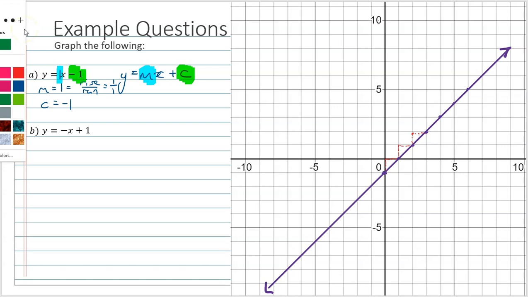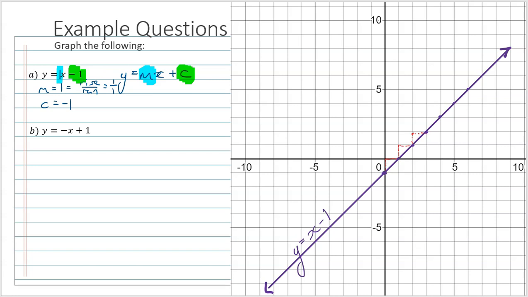Now, to clear it all up, I need to put the equation on the line. So I'm going to write y equals x minus 1. So this was the original equation here. So this equation is the same as this line.